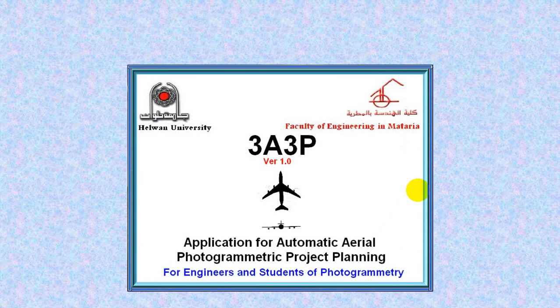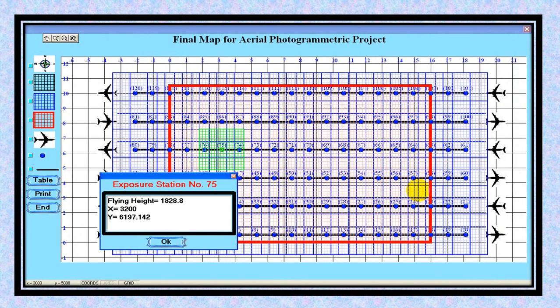The first application is 3A3B, as we see. Application for automatic aerial photogrammetric project planning for engineers and students of photogrammetry. This is the main interface of this software.